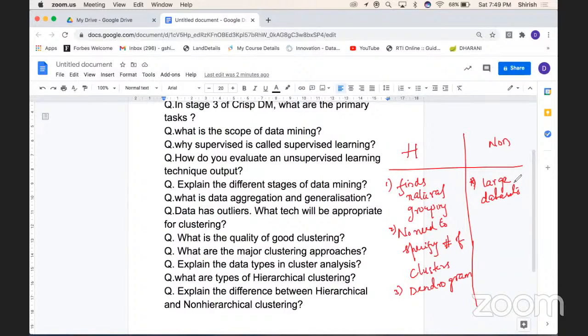This is useful when you know how many clusters are required. When a certain K is needed, you will go for non-hierarchical clustering.